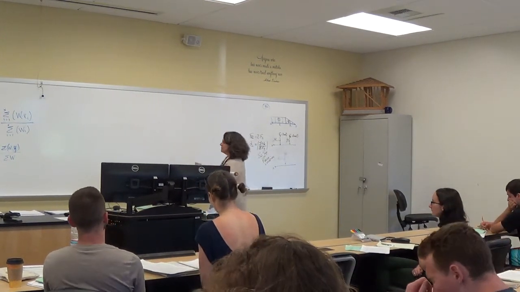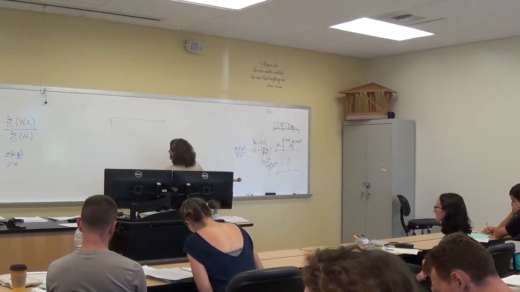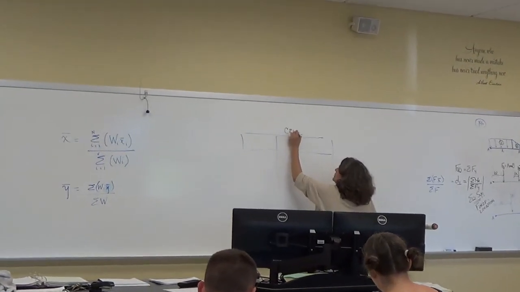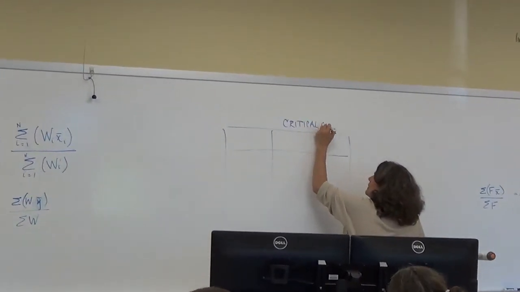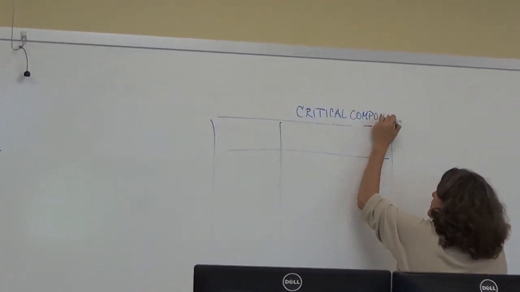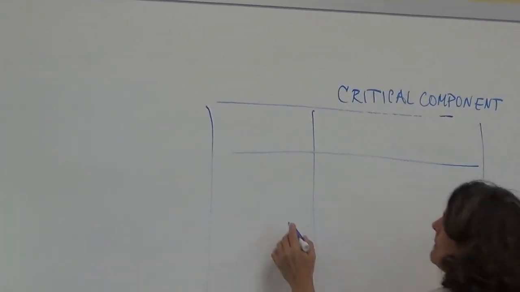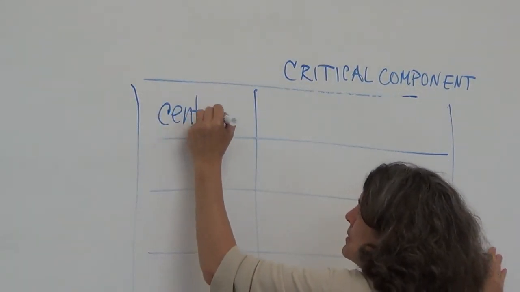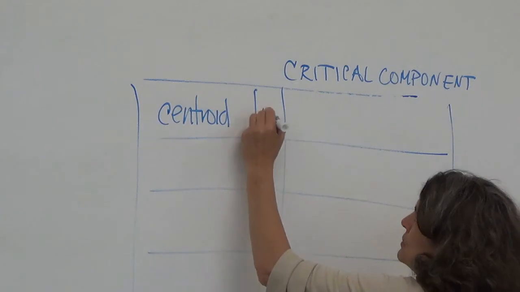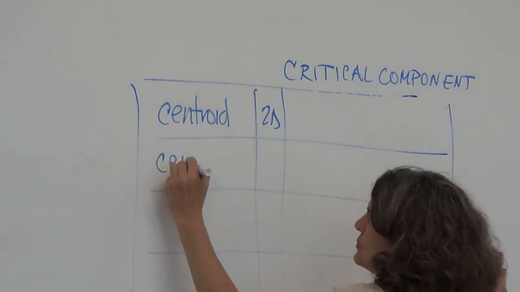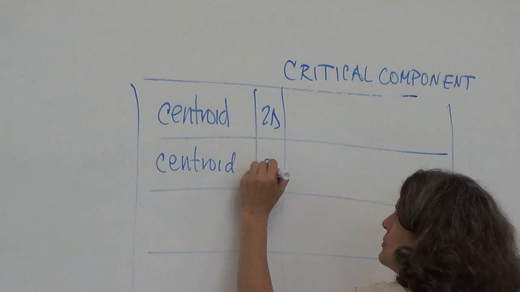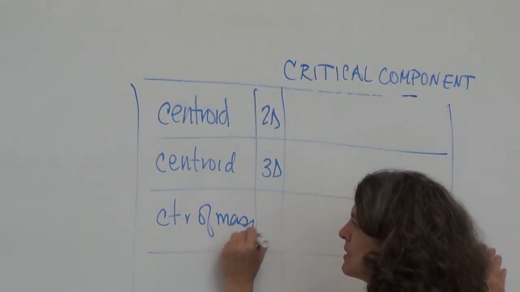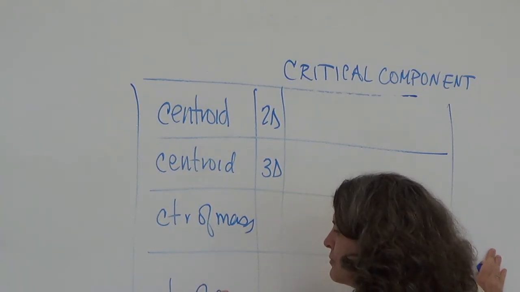Before we do that, though, there are a few different critical components. There's centroid, 2D. There's centroid, 3D. There's center of mass, and there's center of gravity.